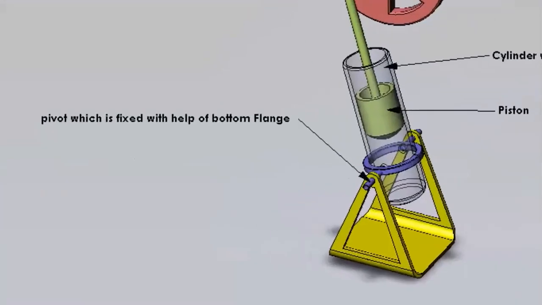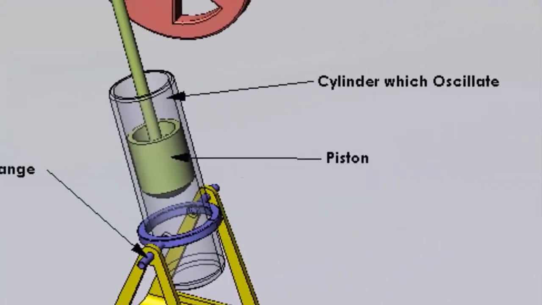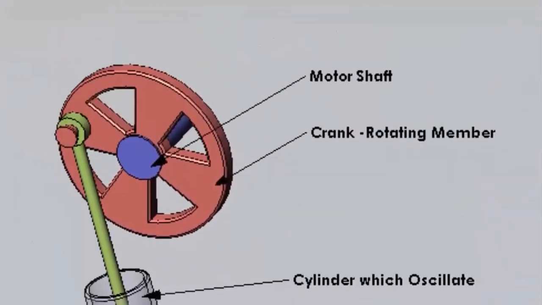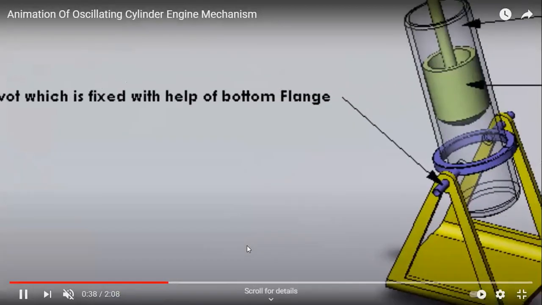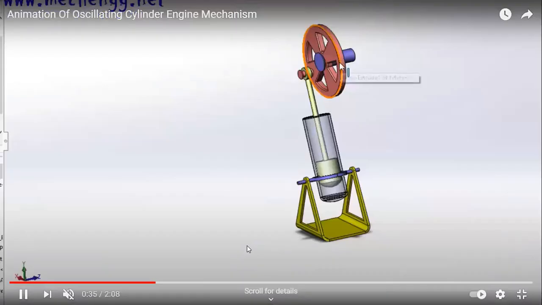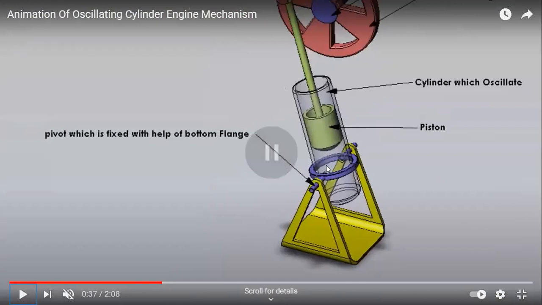That is the crank wheel here, which is fixed to the piston rod, and this is the piston, and the outside part is the cylinder. This cylinder is fixed to a clamp, pivoted, and fixed with the help of a bottom flange.